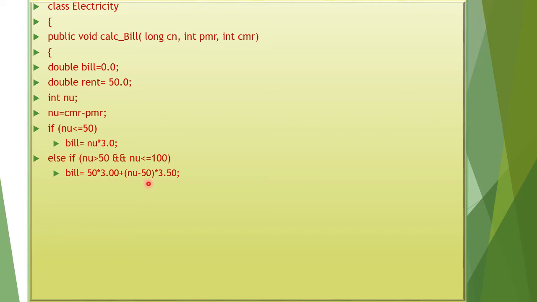For the units exceeding 50, how will you find that? Number of units consumed minus 50. For that number of units, rupees 3.50 per unit. So that is 50 star 3.0 plus NU minus 50 star 3.50. That means NU minus 50 represents the number of units exceeding 50 and below 100.